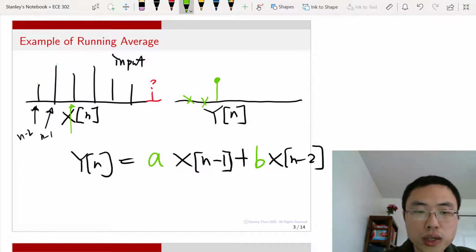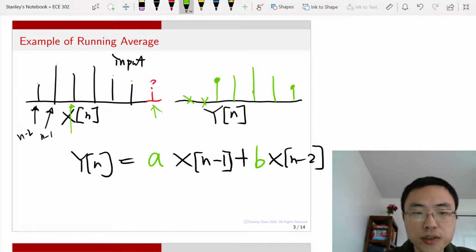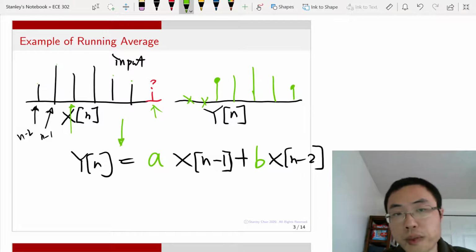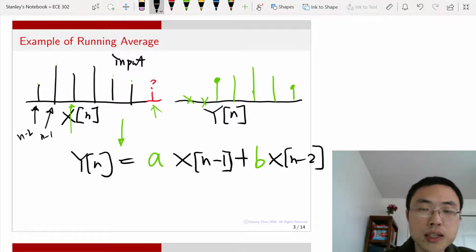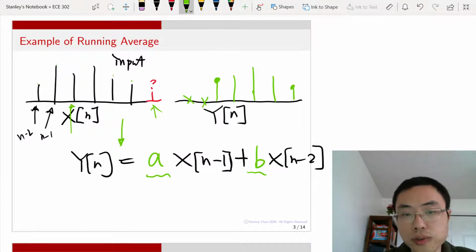Basically, when it goes to here, it will become the weighted average of this sample and that sample. So you have something right here. You will be able to get some signals like these through this relationship. And this is exactly what we call the system, where the system is specified by this coefficient and this coefficient.